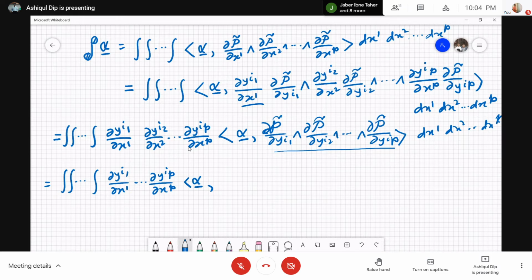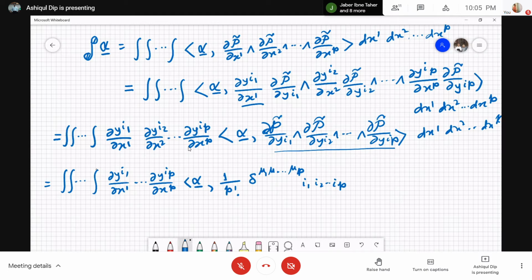So we can write 1 over p factorial, then the Kronecker delta, say mu1 mu2 up to mu p, I1 I2 up to Ip.